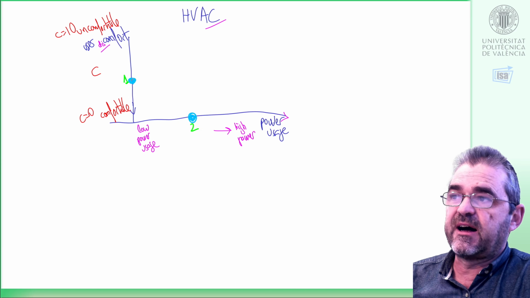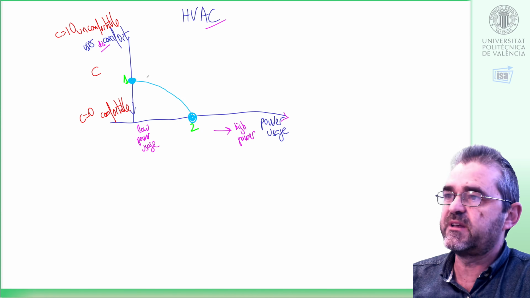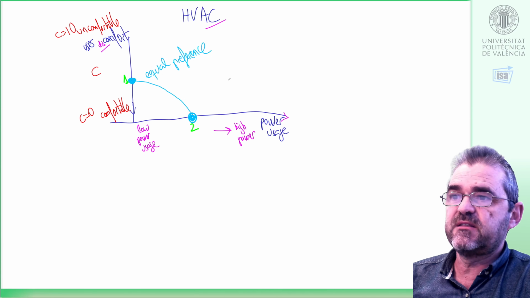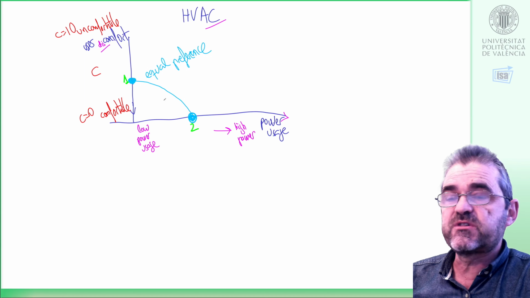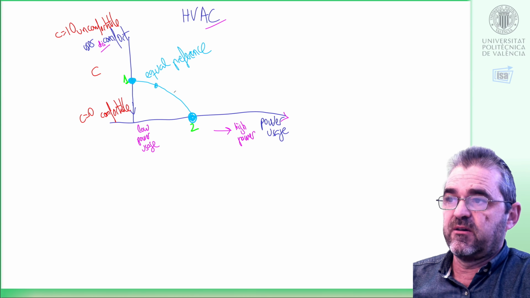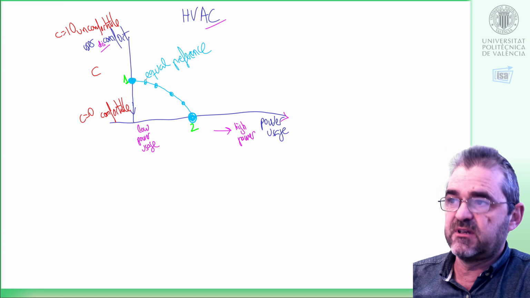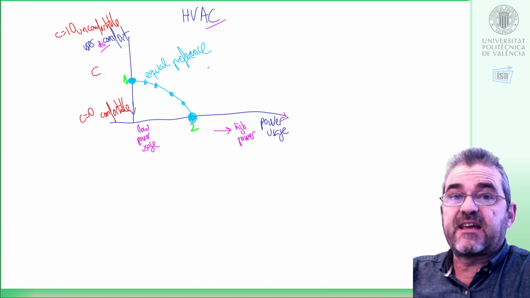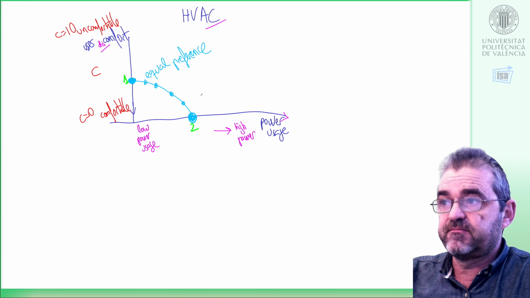And somehow I would be able to draw a line in between, and this line will be a line of equal preference. This would indicate that if my user is faced with choosing between 1, 2, or any other technological option on this curve, then my user would not express any particular preference.